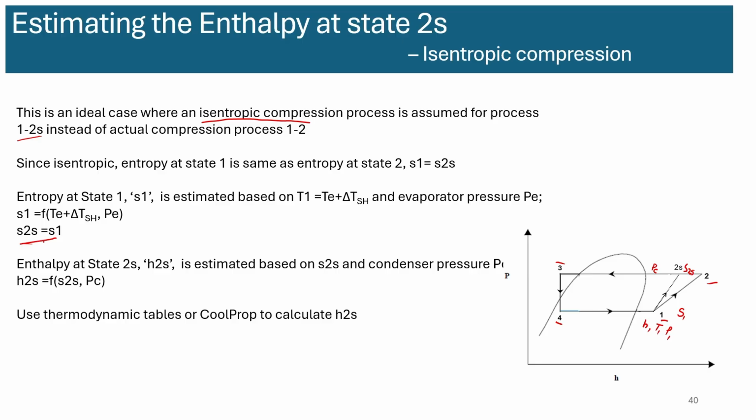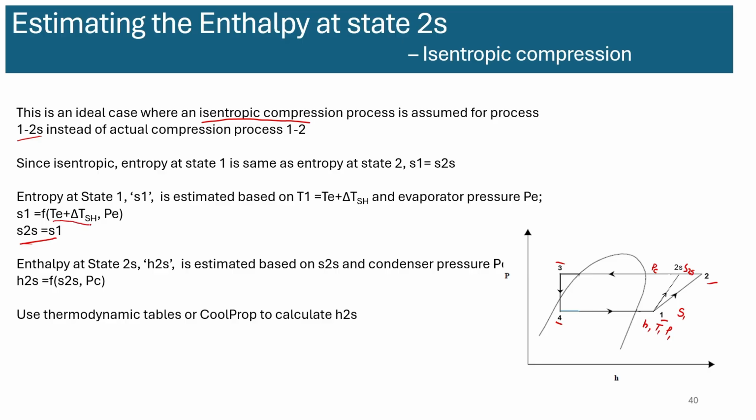Using those two properties, we can calculate the enthalpy at 2s. The reason we need only two properties is because it's a single phase. We haven't estimated S1 so far, so S1 is first estimated using the two properties we already know at state 1.